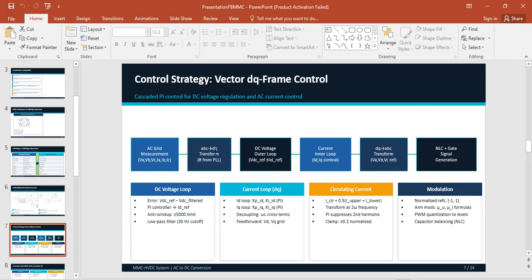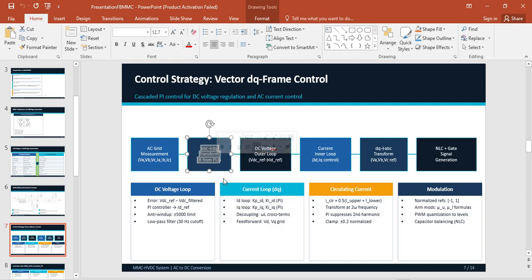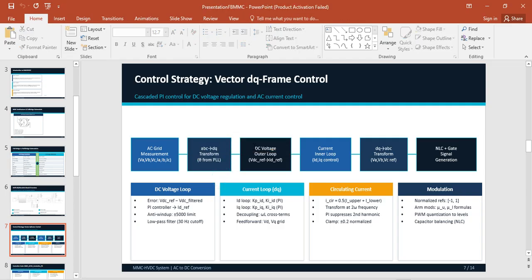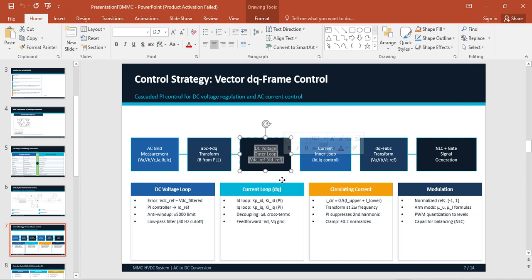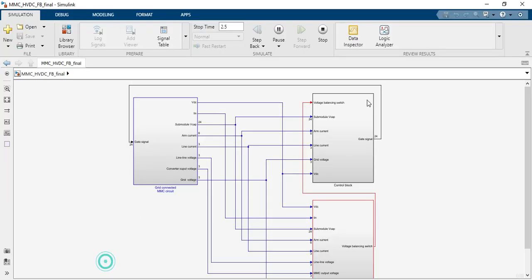So in the control part, this is our roadmap. We have AC grid voltage measurements, voltages and currents. Then we are using the DQ transformation, transforming them into the DQ frame. Then we have a DC voltage outer loop, which is the VDC ref, which was here.